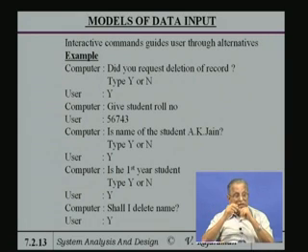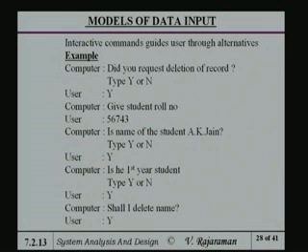Because after the name is given and the year is given, maybe you made a mistake in the original roll number, and as I said, if you entered 56143 instead of 56743, 56143 may belong to some other student. So it will ask the question, is the name of the student A.K.